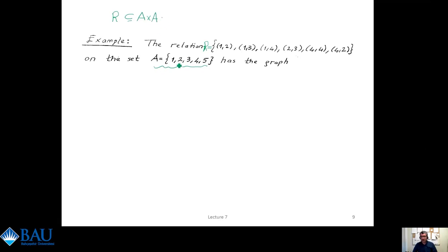We have A written as 1, 2, 3, 4, 5. We make the Cartesian product with itself and check whether R is a subset of A cross A. In this question, the answer is yes. Therefore, R is a relation. So one way to show a relation is just by listing the elements of that relation. Done.